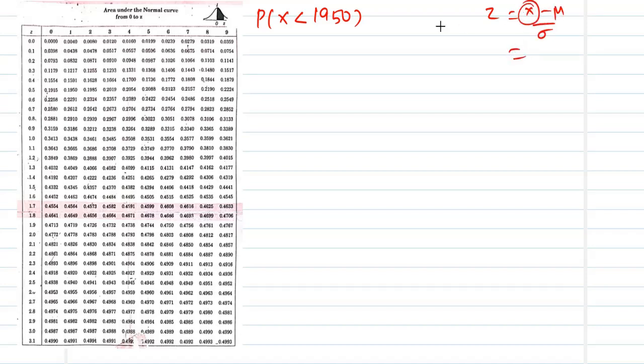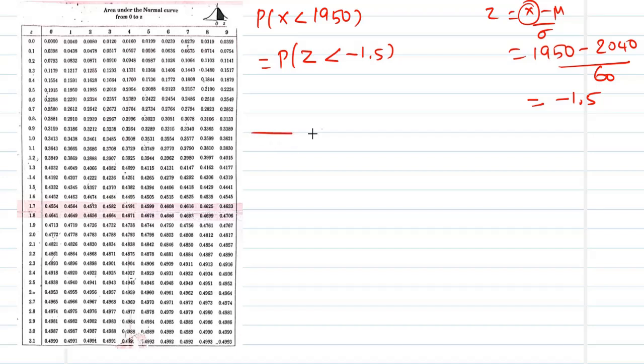So what is the x which we need to convert? 1950 minus what was the average lifetime given as? It was 2040, and what was sigma given as? 60. When we subtract, the answer will be equal to minus 1.5. So x will now turn as z, which is less than minus 1.5.